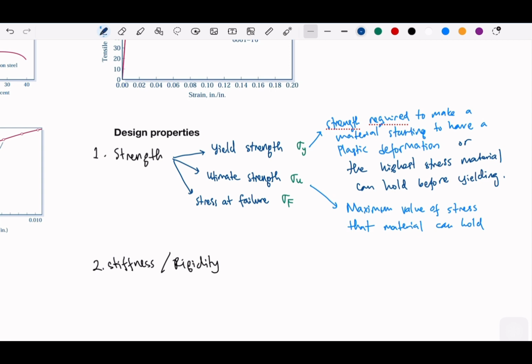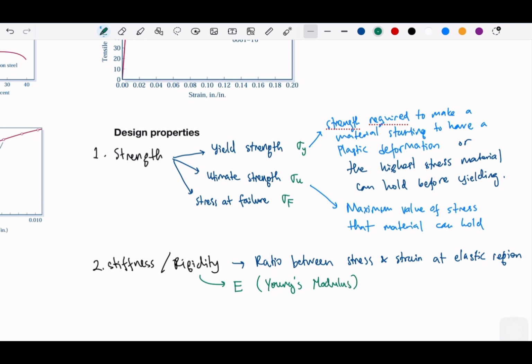This is going to be the ratio between stress and strain in the elastic region, which we can simply write as E, or Young's modulus.